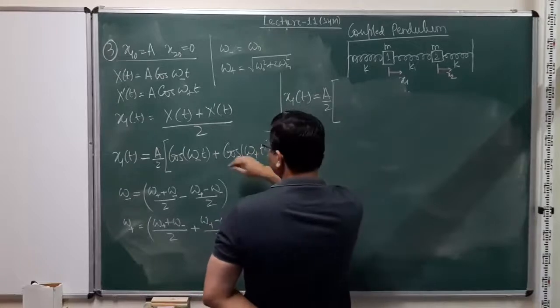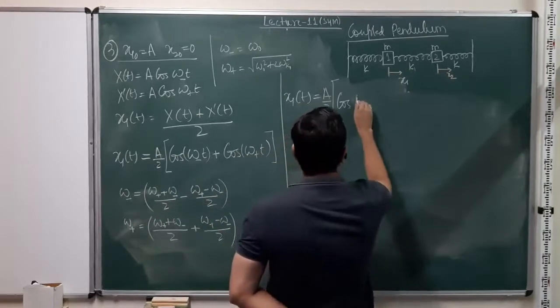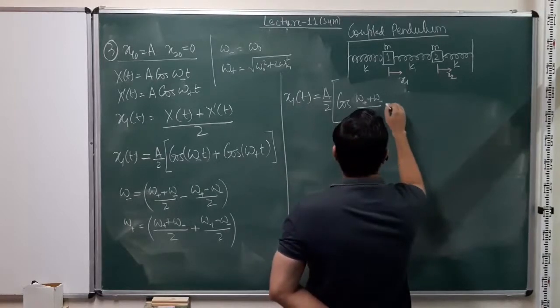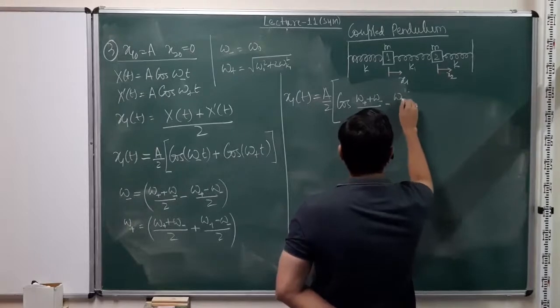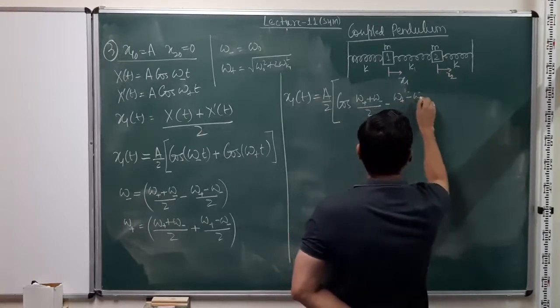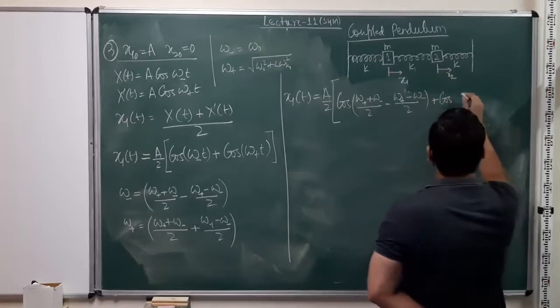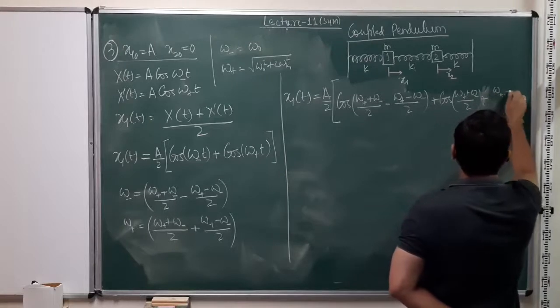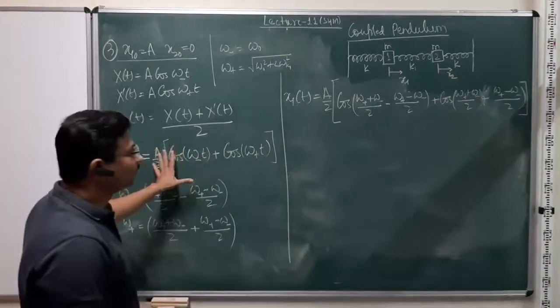So we are trying to write it in terms of cos A plus cos B. So cosine omega minus was this entire term, omega plus omega minus by 2 minus omega plus minus omega minus by 2, plus cos of the same omega plus omega minus by 2 plus omega plus minus omega minus by 2. So this is the same term, we have done it like this.